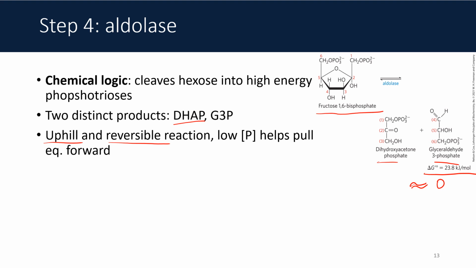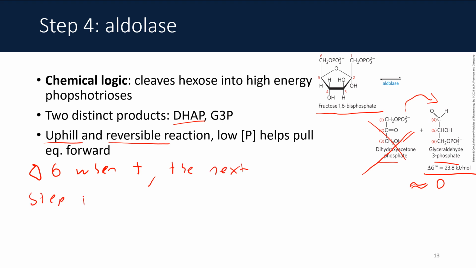Specifically, the next reaction is going to eat away at DHAP and convert it into G3P. And that's a very common theme here in these metabolic pathways. When reaction delta Gs are very positive, the next step is usually fast to compensate.